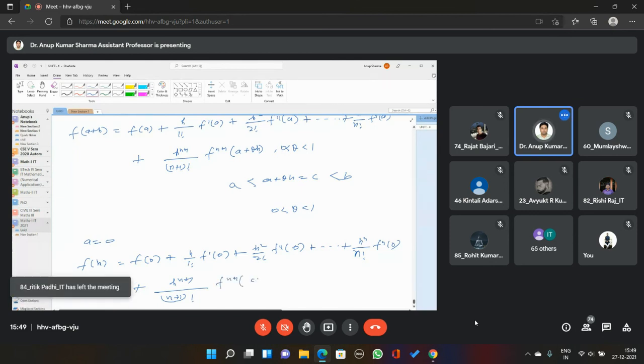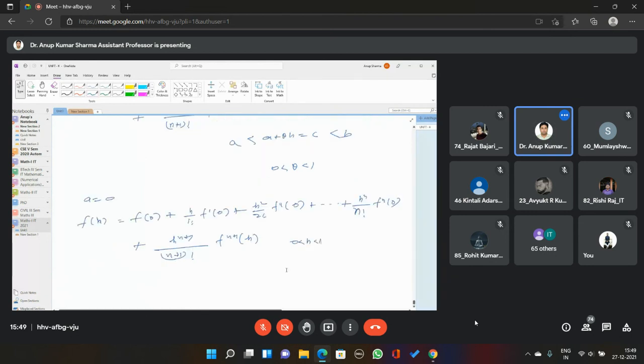In this case a becomes 0, so you directly write h. So this is all about Taylor's theorem, Taylor's expansion with Lagrange's form of remainder.